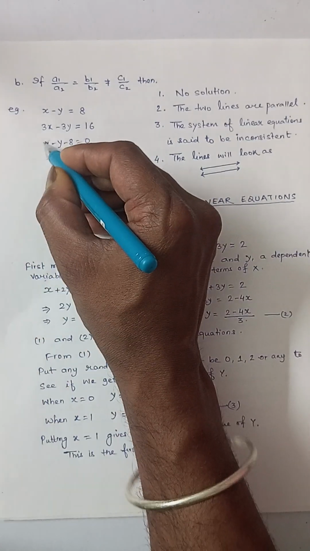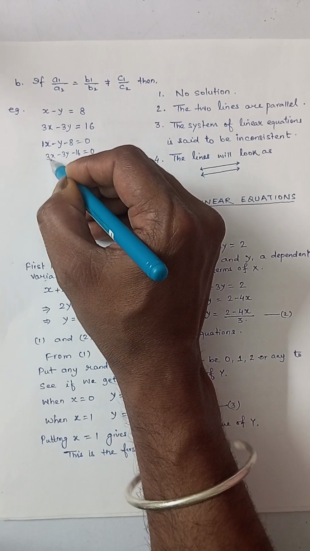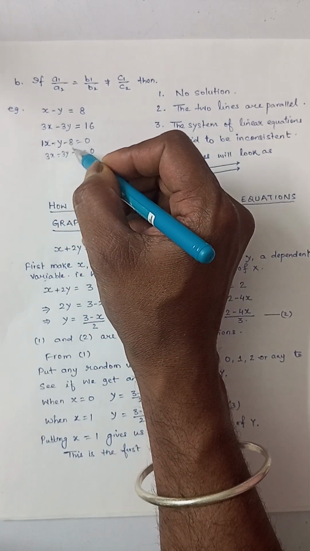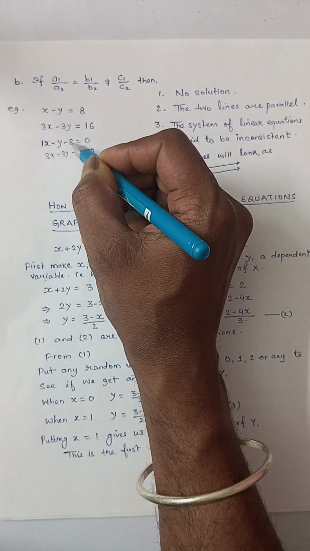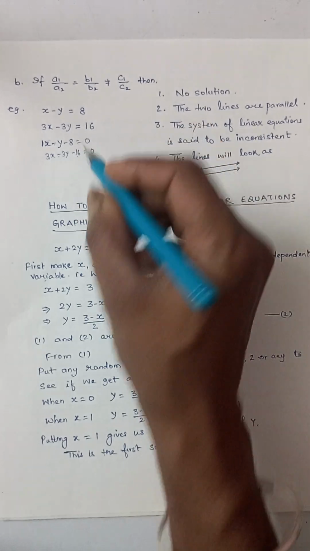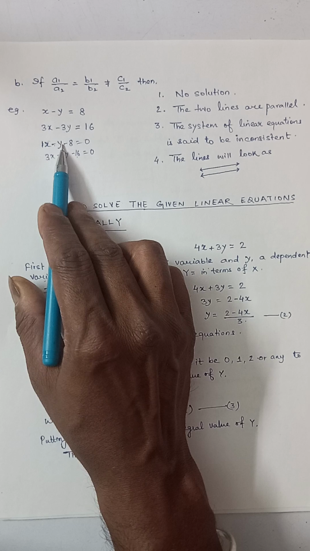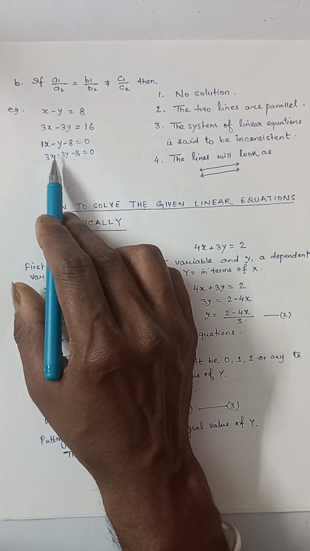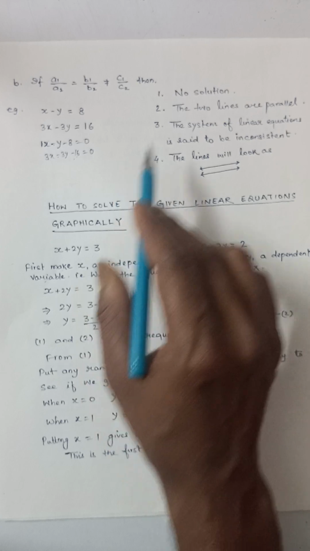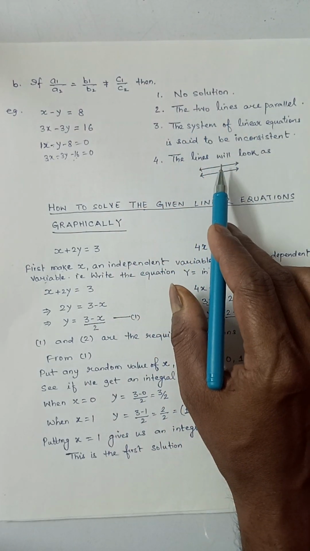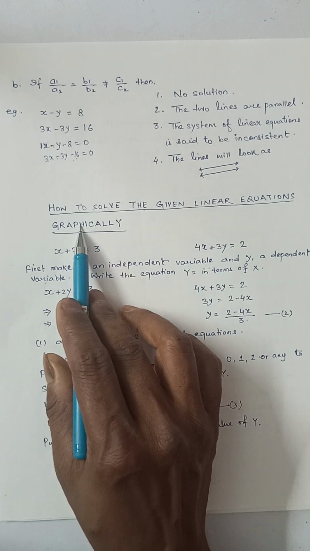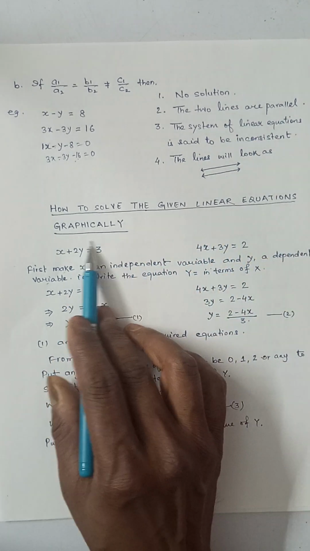So here we can see a1 upon a2 is 1 upon 3, b1 upon b2 is also 1 by 3, c1 upon c2 is 1 by 2. So a1 upon a2 is equal to b1 upon b2 but not equal to c1 upon c2. So the given system of linear equations will give us no solution and the lines drawn will be parallel on the graph paper. How to solve the given linear equations graphically?